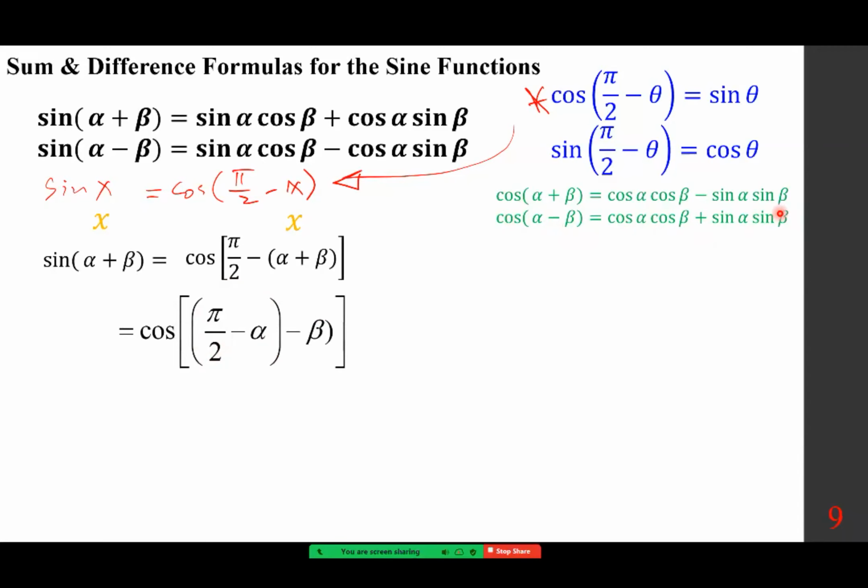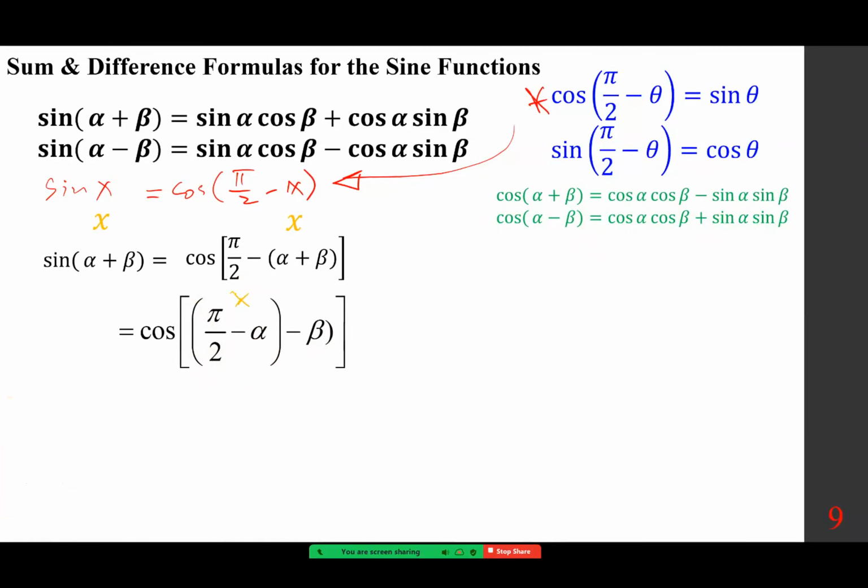So we're going to expand it using this formula, everybody. So cosine of alpha cosine beta becomes cosine of this mess, x, or pi over 2 minus alpha, cosine of beta, plus sine of alpha sine of beta, sine of x. Let me just put the x up here. So this is x.